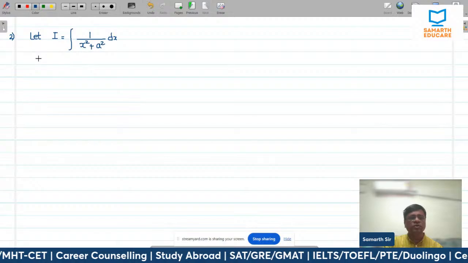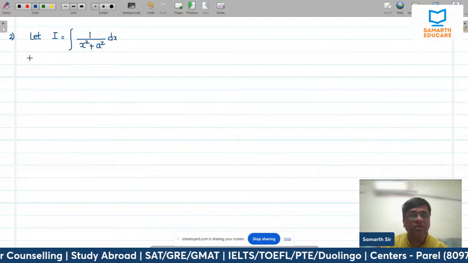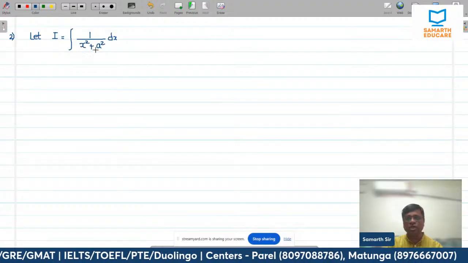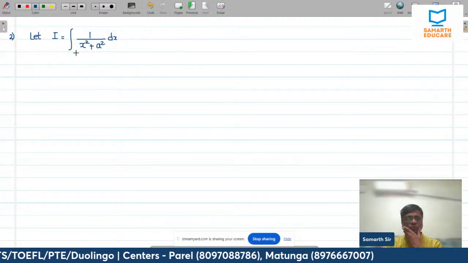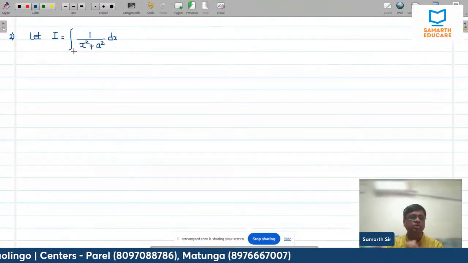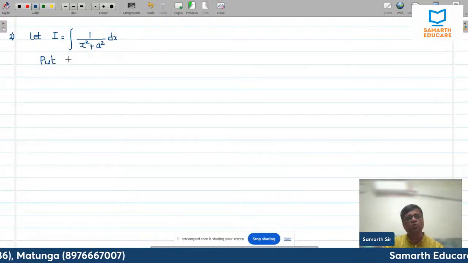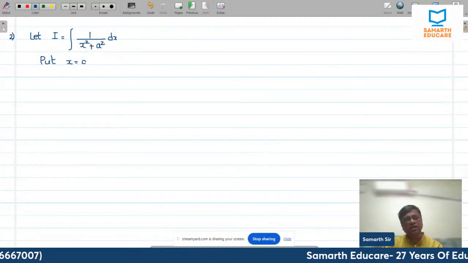So here what we do, just like we did standard substitution in derivatives. If you remember, in standard substitution, if you see x square plus a square, then the standard substitution is x is equal to a tan theta. So I'm going to do the same thing. Put x is equal to a tan theta.